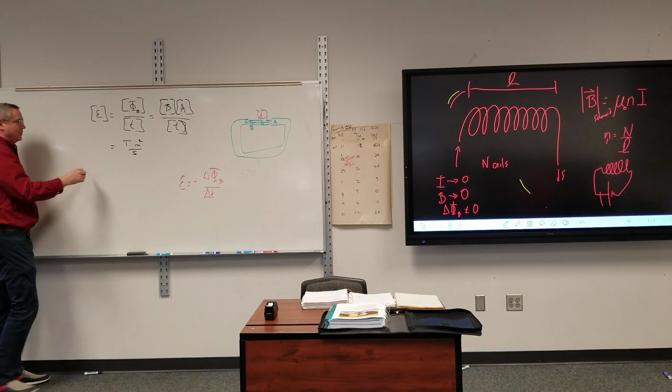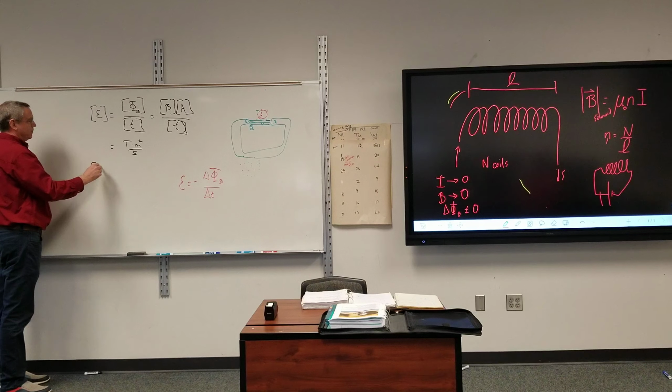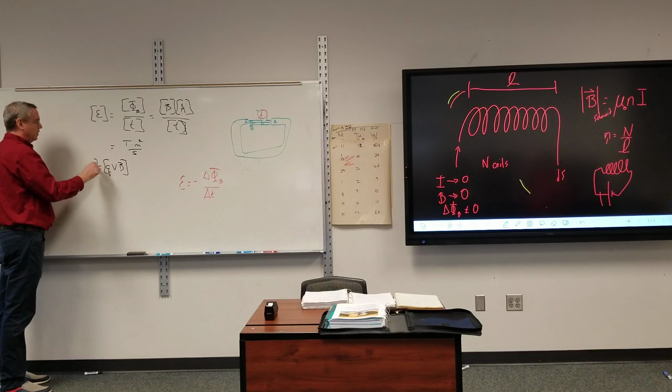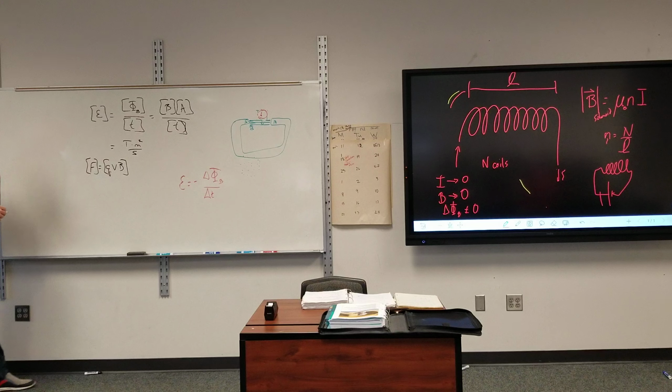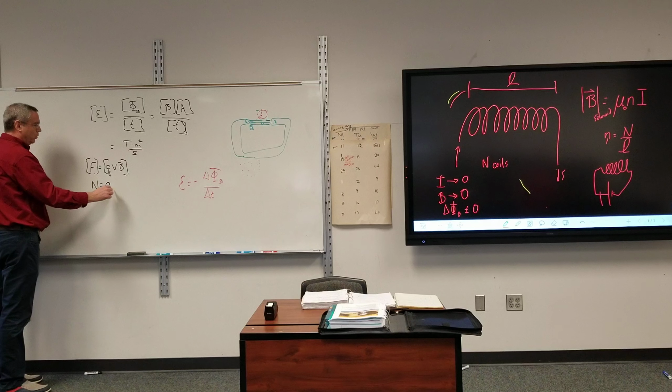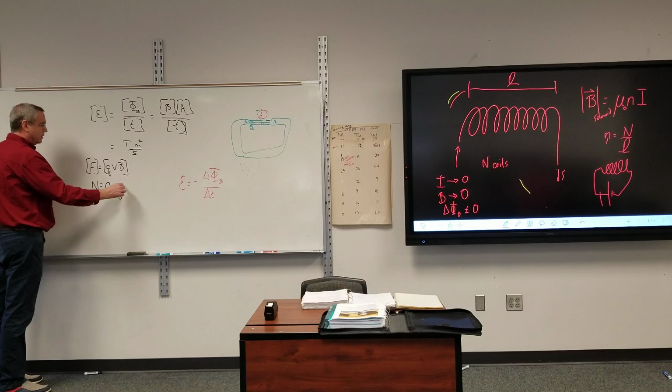All right, let's keep going. I know that F is equal to QVB in terms of units, from the formula F equals Q times V cross B. So a Newton is equal to a Coulomb meter per second Tesla.